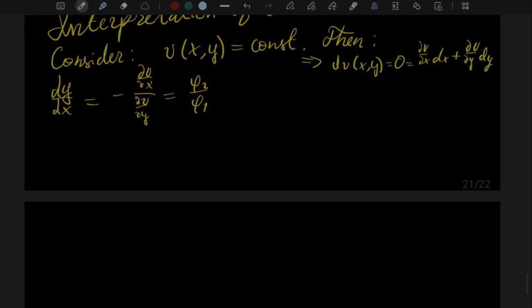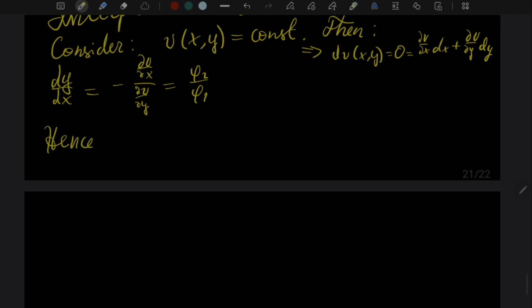Hence, if we look at a vector that will be tangent to our curves, I suppose that those are curves, this is an equation of the tangent vector if its x component is equal to 1. And by writing it in phi, we get this.